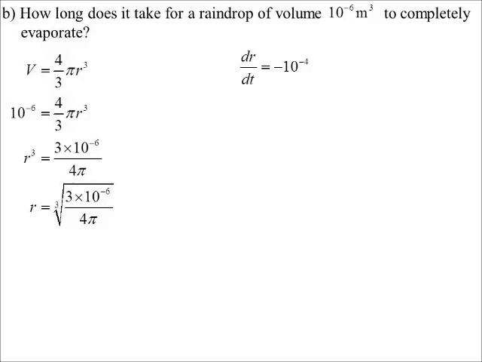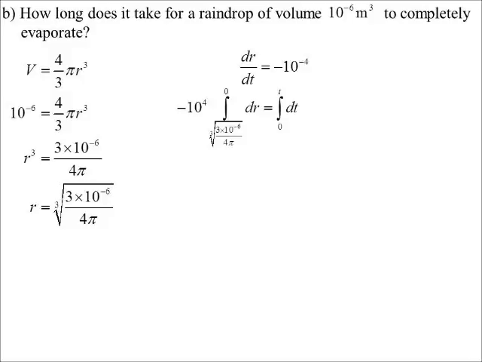To use our formula, I'm going to need to know what the radius is. So 10 to the negative 6 is the volume. r is, and you probably guessed it anyway, the cube root of 3 times 10 to the negative 6 all over 4 pi. There's our radius.